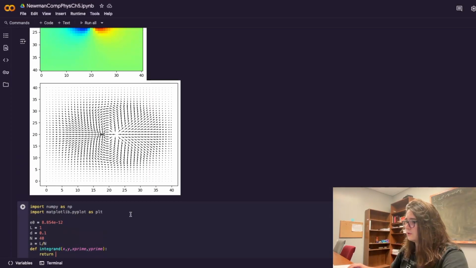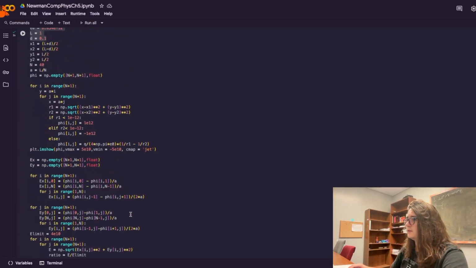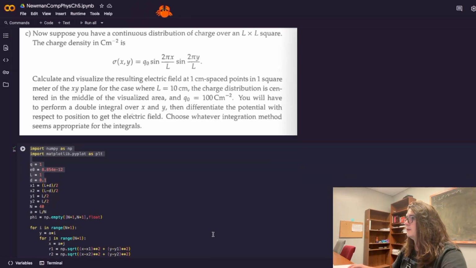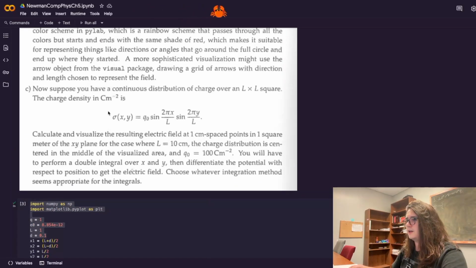What is the charge distribution, you might ask? It's q naught sine of 2 pi x over L times sine of 2 pi y over L, where q naught is a constant. It's just going to end up being equal to 100.